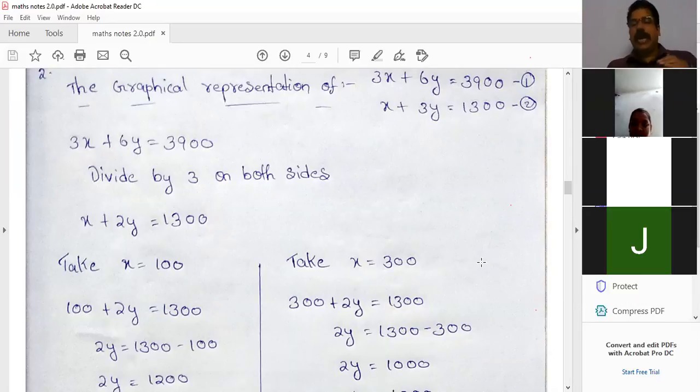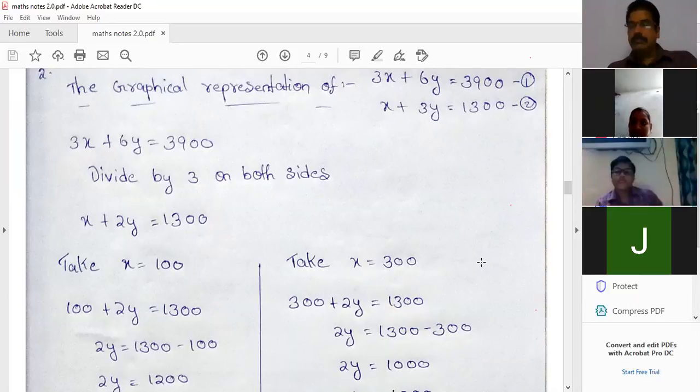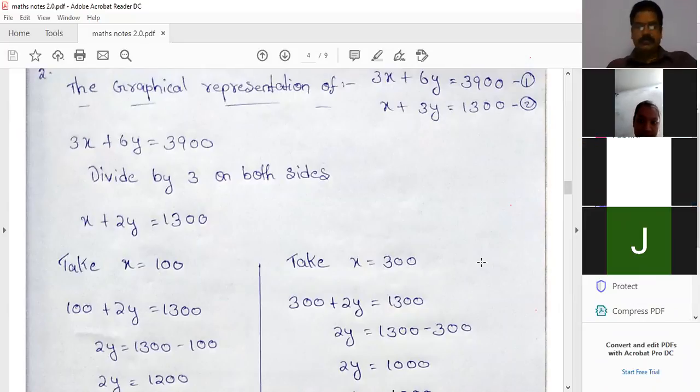After completion of this exercise, you can neatly copy in class or book. These 3 sums, neatly including the graph, you can complete in class or book. Okay, fast. Already time 9:23, running fast. I have to explain one more sum also.